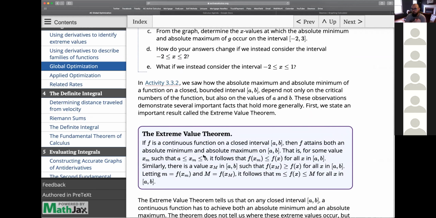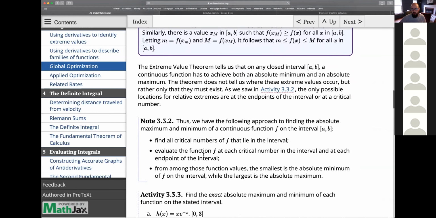With our first example we saw today, that wasn't the case. We had those tails that went out on the ends. We couldn't find a minimum, but as soon as we cut it off, then we were able to find that minimum value. So as long as you have a continuous function, so no breaks, jumps, holes, on a closed interval, you can definitely find those max and min values.